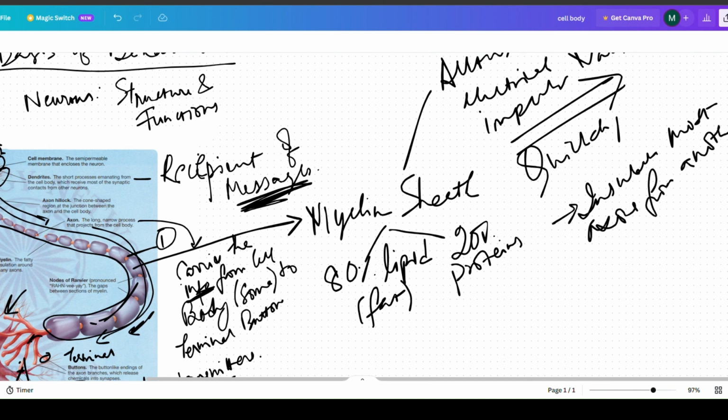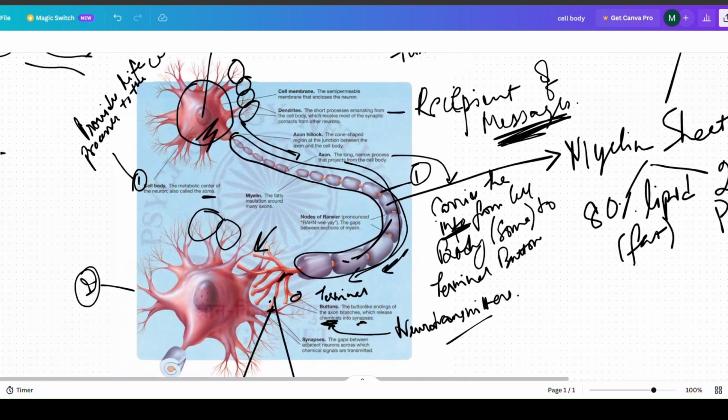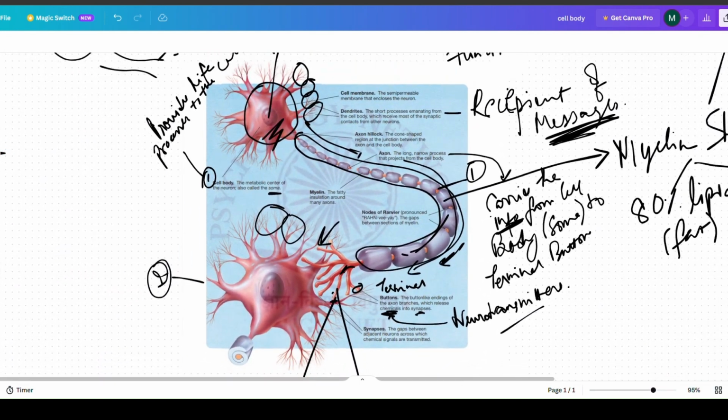So this is the basic structure of the neuron, and these are the basic functions which each of them has.